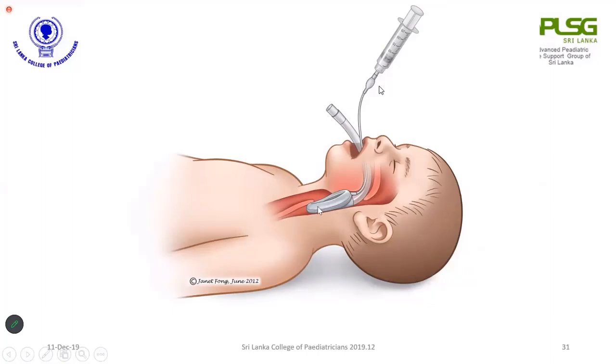Once you are at the correct position, you inflate the cuff and make sure that this lies in the correct place. And then you can connect your bag to the end of the tube and continue to ventilate through the LMA until further help arrives.